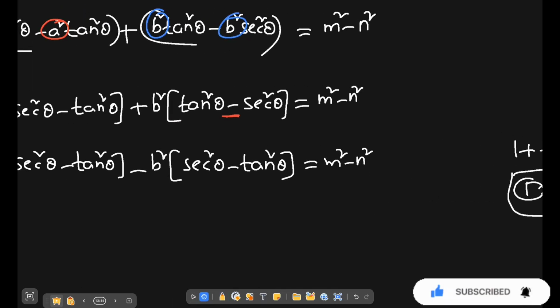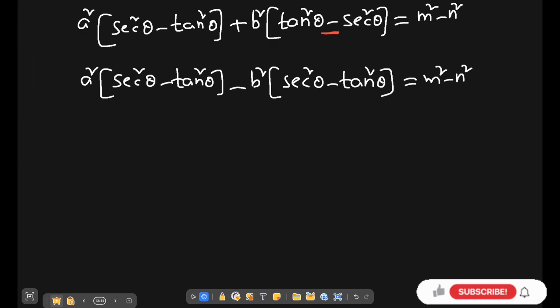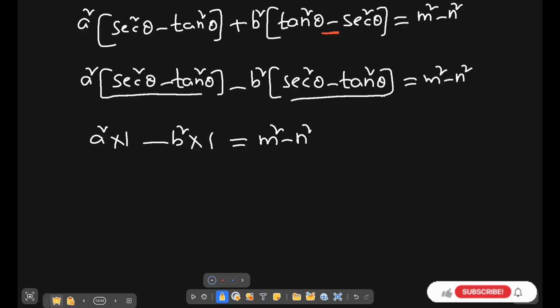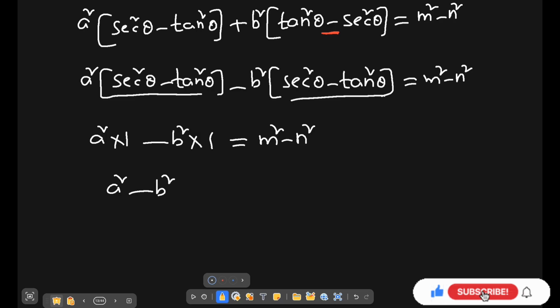So this is 1, right? So a square into 1 minus b square into 1, this is also 1, equals m square minus n square. So a square minus b square equals m square minus n square.